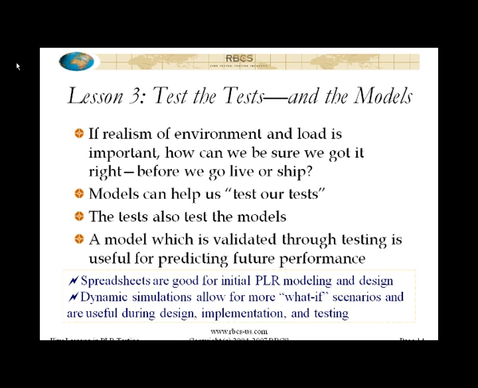The way that we're going to do that is use of models. You're going to create a model either with a spreadsheet or with a simulation tool, or maybe first a spreadsheet and then a simulation tool, which is the way I've usually seen it done. The model is going to give you a prediction of what response time and resource allocation and so forth are going to be in a particular situation.